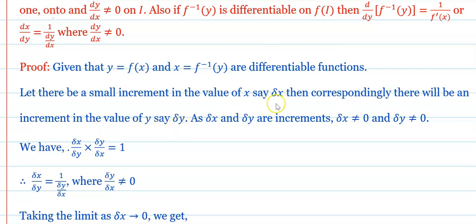As x changes to delta x, y changes to delta y. As delta x and delta y are increments, delta x is not equals to 0, delta y is also not equals to 0. We have delta x upon delta y into delta y upon delta x, that's equals to 1. Their product is 1.